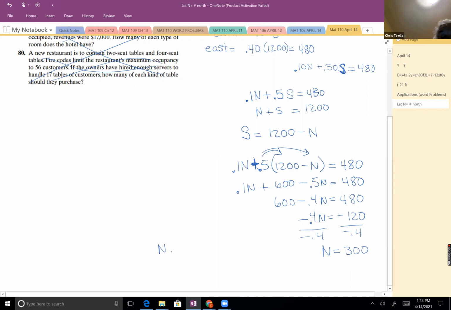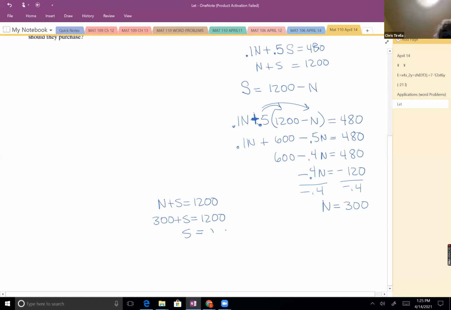Then because n plus s equals 1200, when I substitute that 300, I'd get s equals 900.